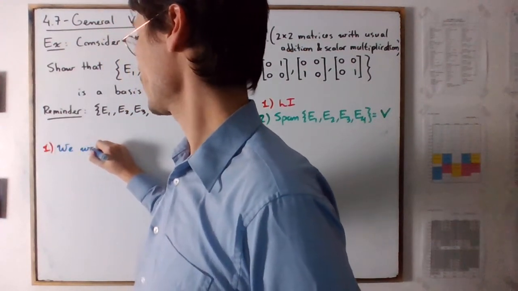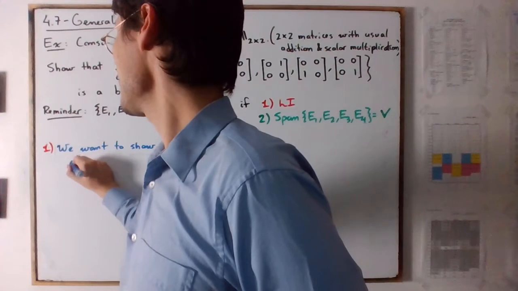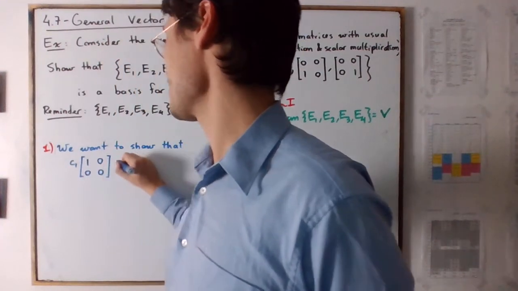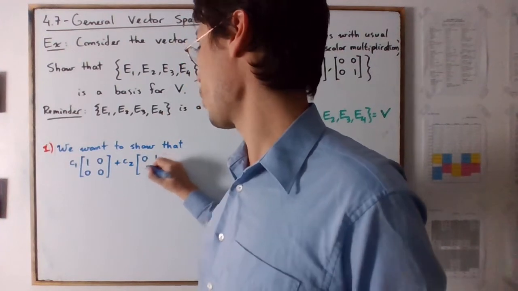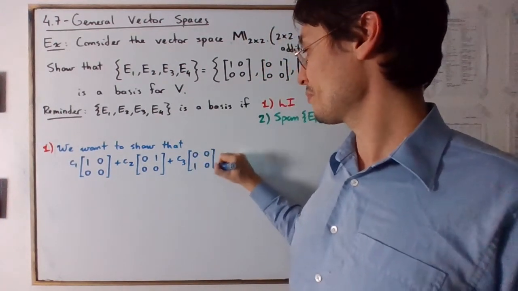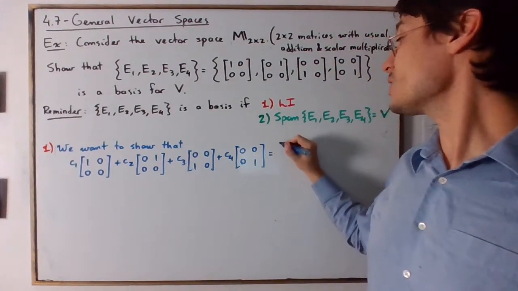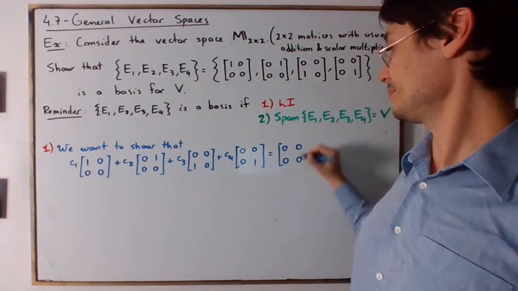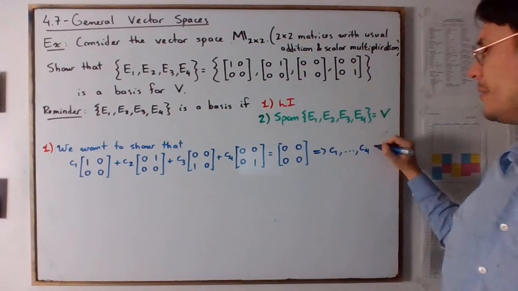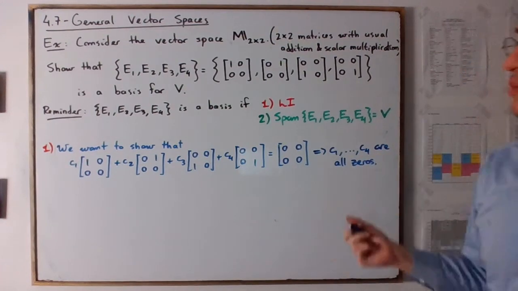We want to show that if C1 times the matrix 1, 0, 0, 0, plus C2 times 0, 1, 0, 0, plus C3 times 0, 0, 1, 0, plus C4 times 0, 0, 0, 1 is equal to the zero matrix, then it forces C1 all the way up to C4 to be all 0. Okay, so this is what we want to show.